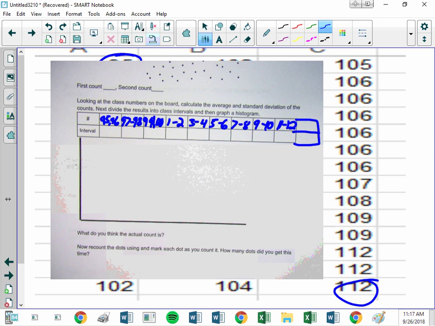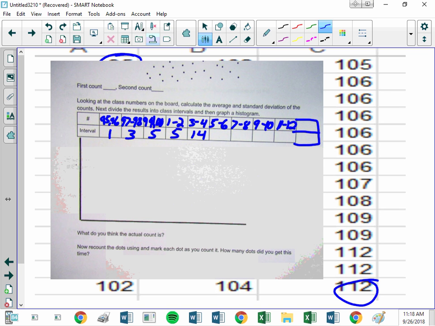Then I need to put the count in each box. I have 1 in that range, 3, then 5, then 5, and then 14 there.